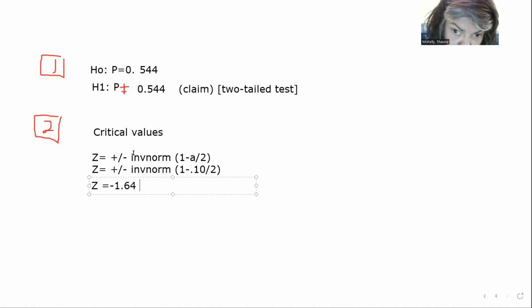Z is equal to positive 1.64. Okay, that's my critical number.